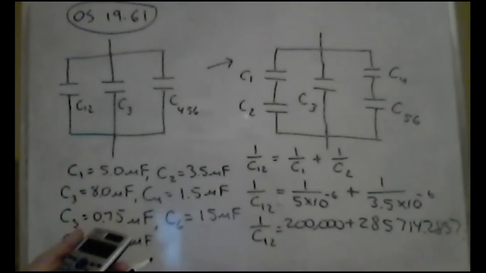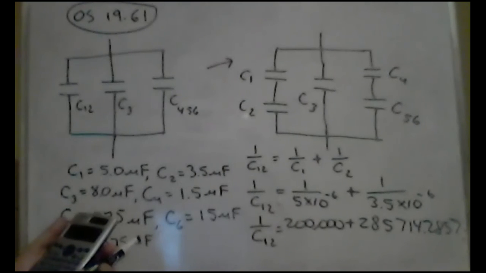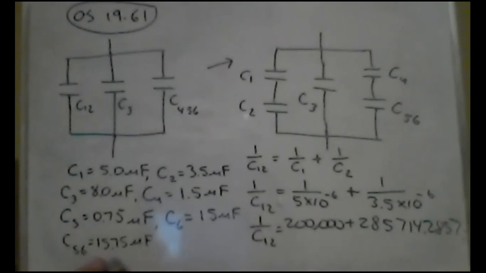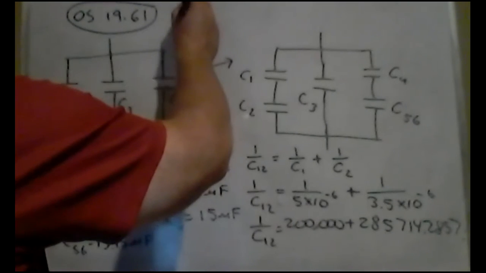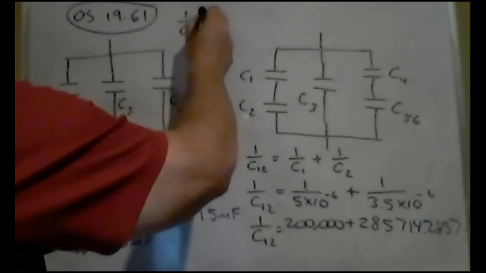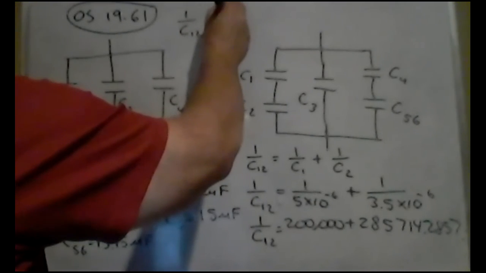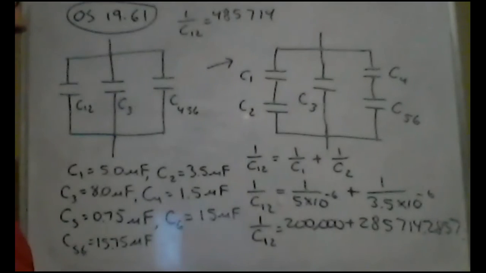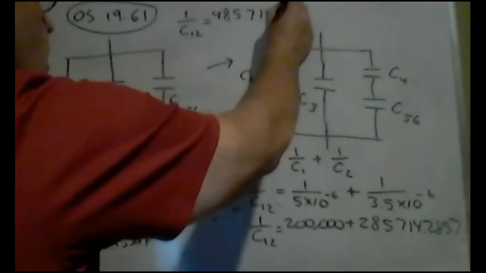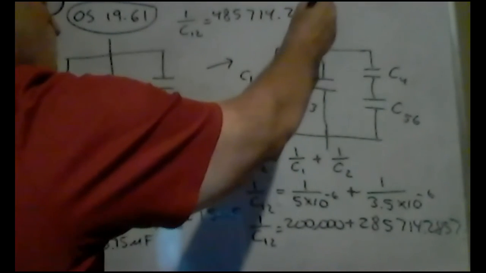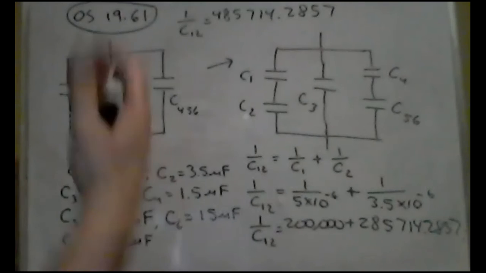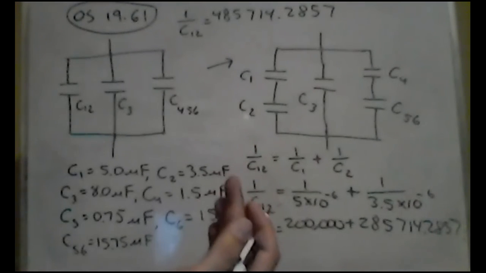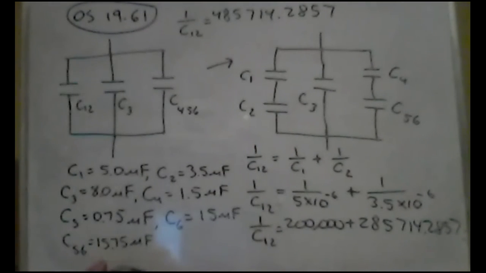I add those together, and I get 485,714. So 1 over C12 is 485,714.2857. I'm just writing this for effect. That's the kind of number you should be expecting in your calculator. But that's not what you want. That's 1 over C12.